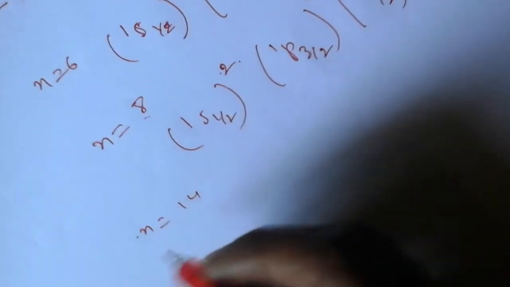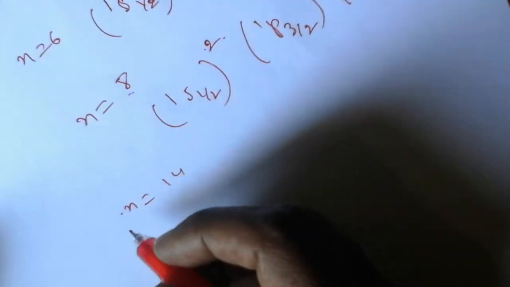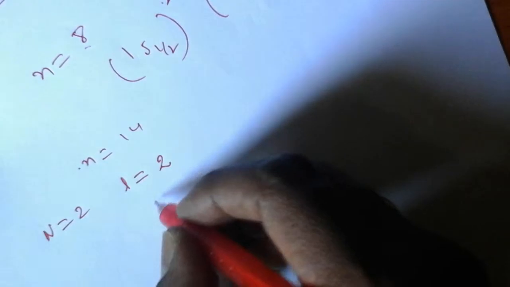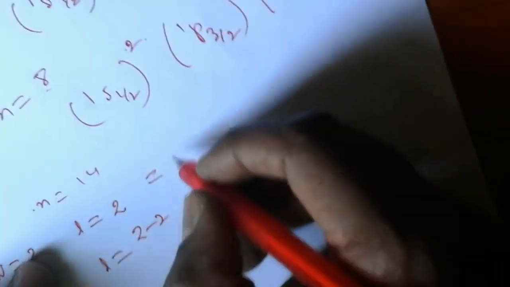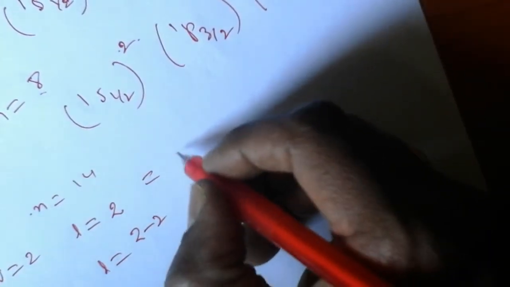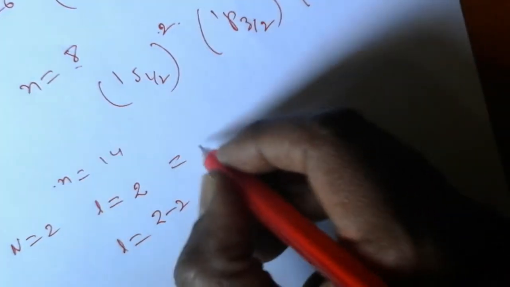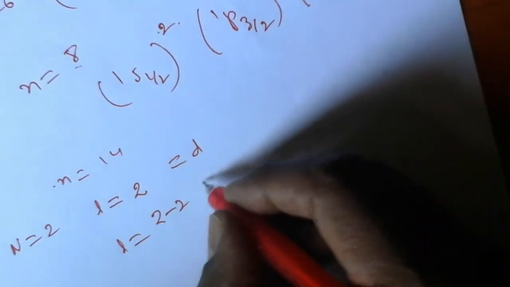If you want to take that, then you can take n is equal to 2, so l is equal to 2, and 2 minus 2 gives 0. l equal to 1 means p, 2 means d.